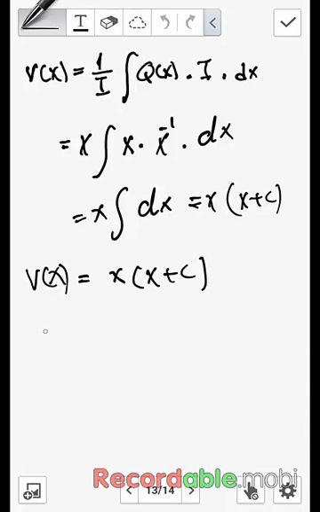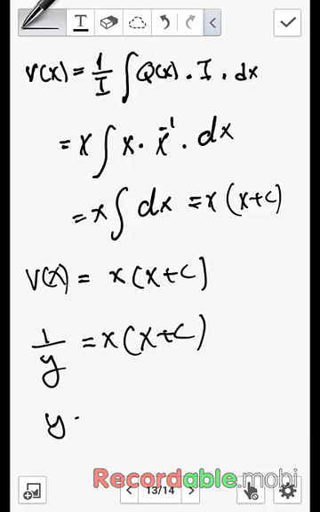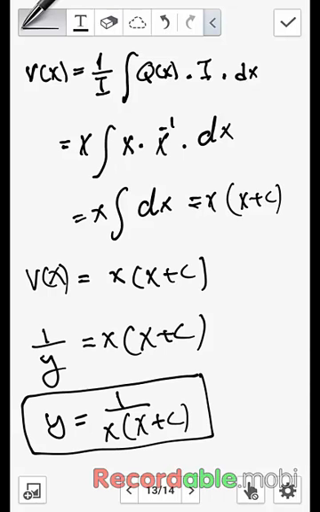So this 1 over y will equal x times (x plus c). Alright, so y will equal 1 over x times (x plus c). This is our solution for our Bernoulli differential equation, and this y is a function of x.